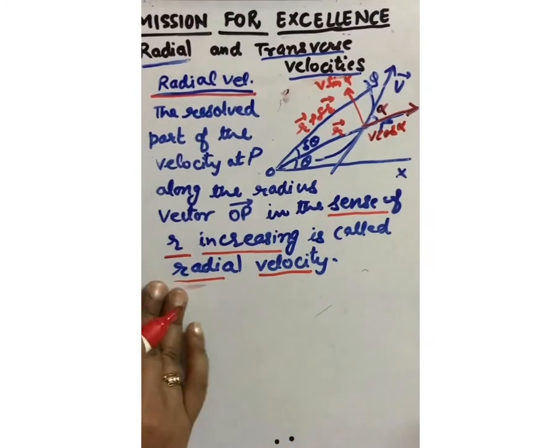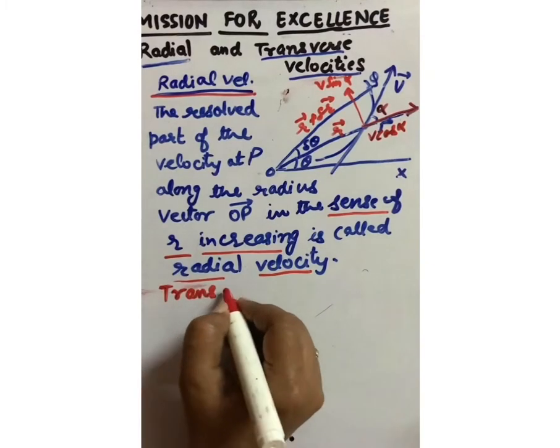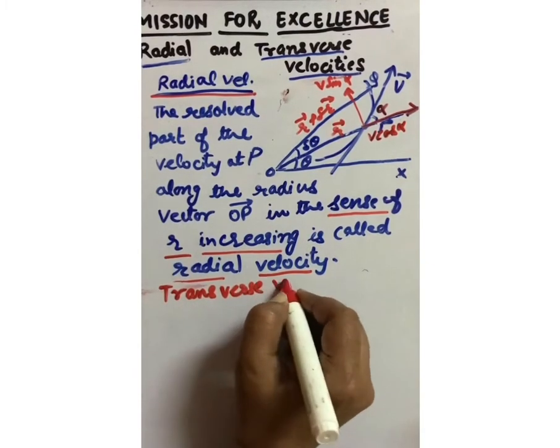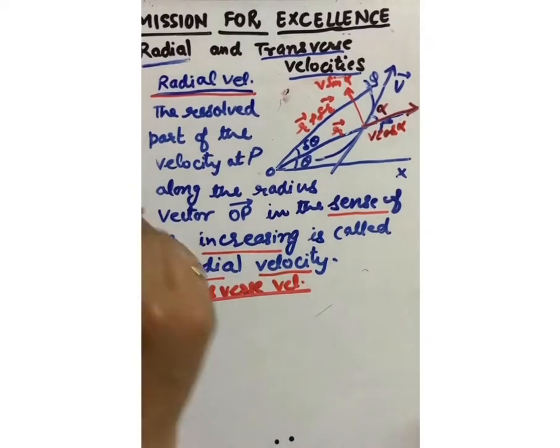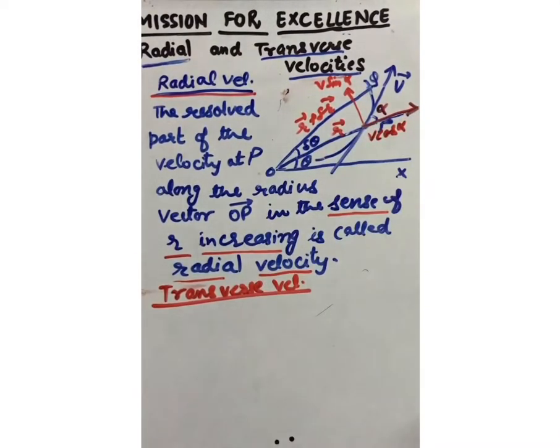Now let us define transverse velocity. This transverse velocity is perpendicular to the radial velocity.